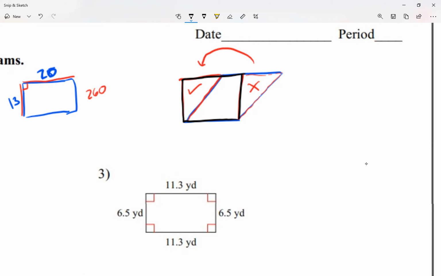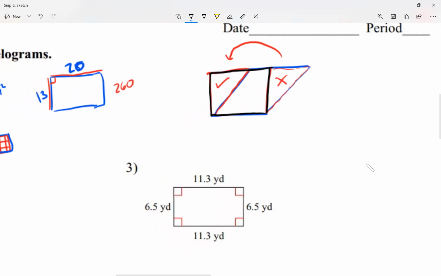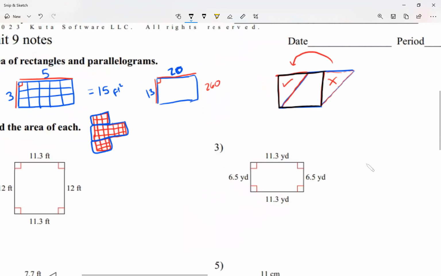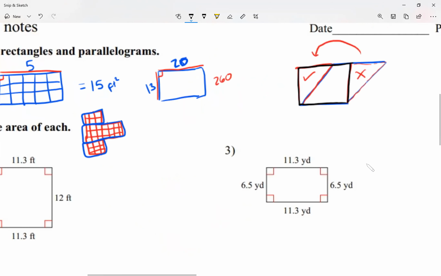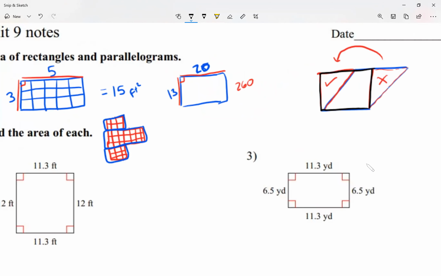Parallelograms, I'm going to treat like a rectangle. Technically, I could cut one triangle on one side, put it on the other side, and it makes a rectangle. Just like I said on the rectangle in my figure on the left, look for a 90-degree angle, and multiply the two numbers that make the 90-degree angle.